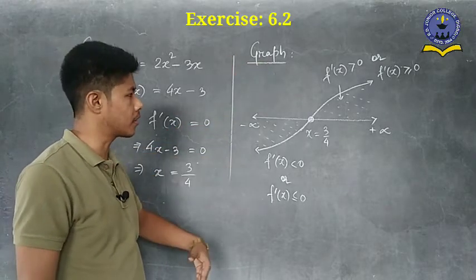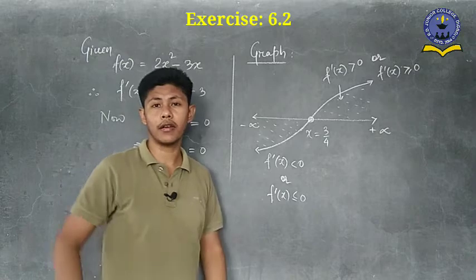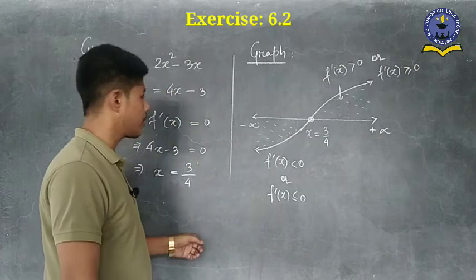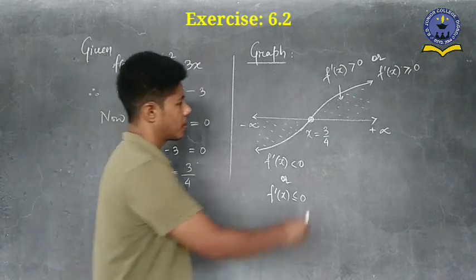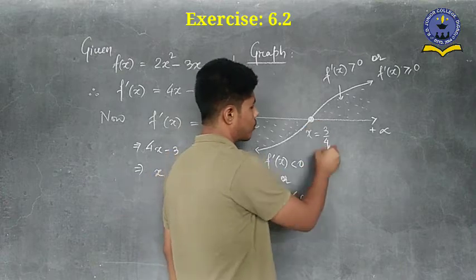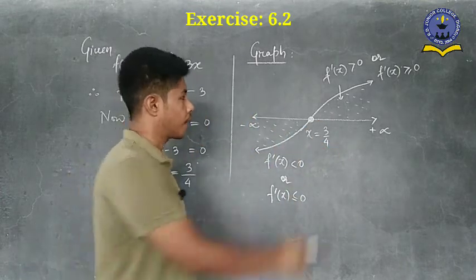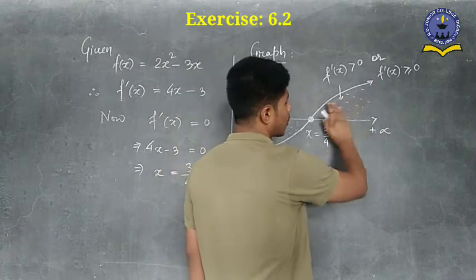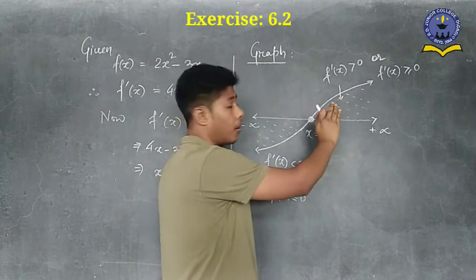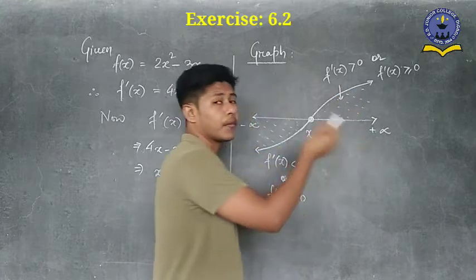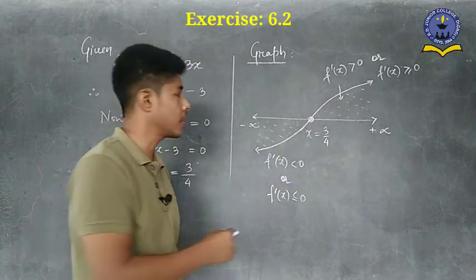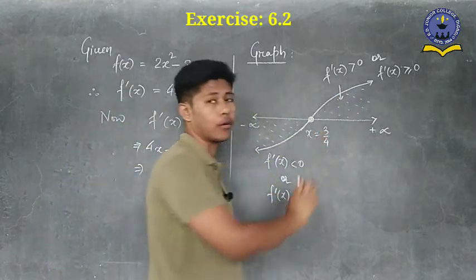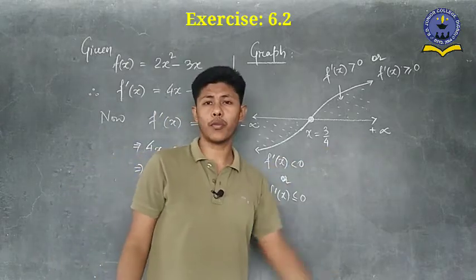So now in this case, we have to find out the interval, is it not? So when we find the interval, if you see here from 3/4, this point is 3/4, is it not? From 3/4 up to plus infinity, this part is increasing, or we need strictly increasing. If the question says strictly increasing, that means this 3/4 is not included, since infinity is always an open interval.